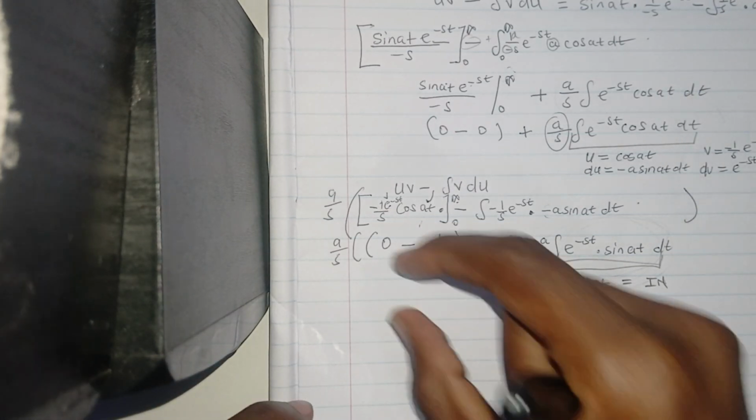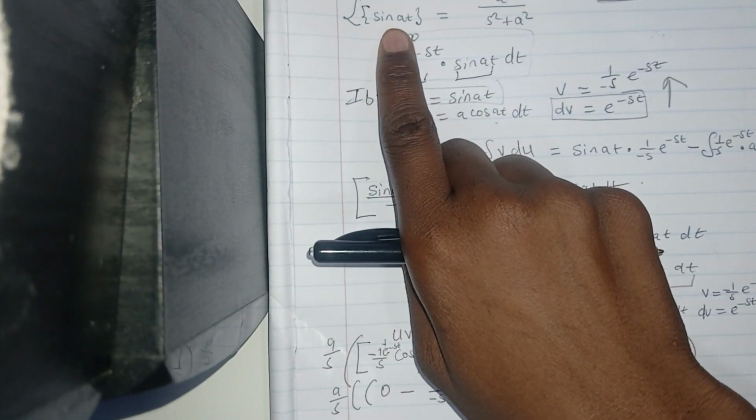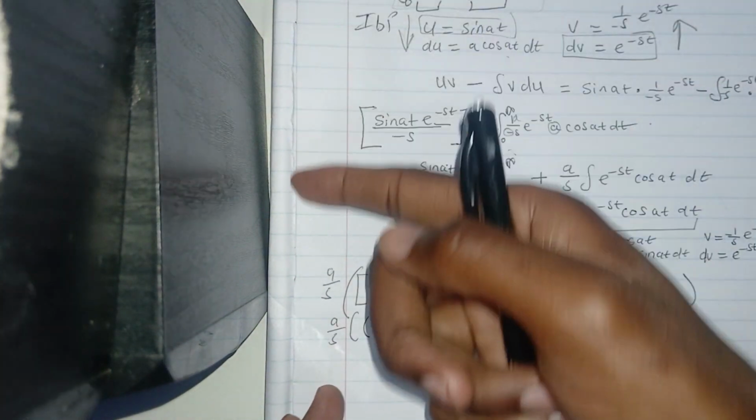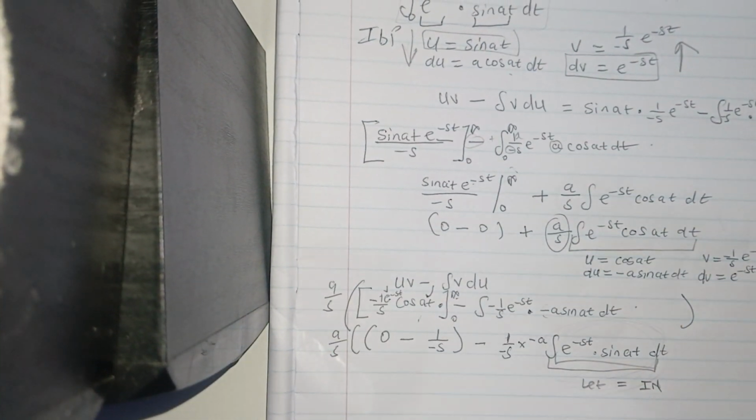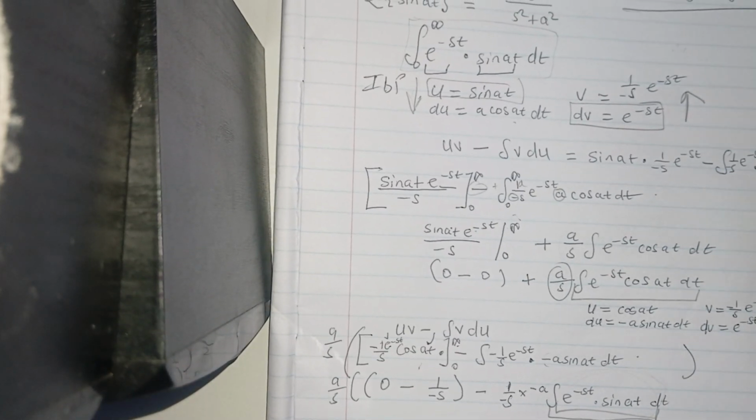Don't forget that all of this is equal to the Laplace transform of this. We're supposed to be carrying it along, but because of the complication, we cannot carry it along. We'll talk about it later.